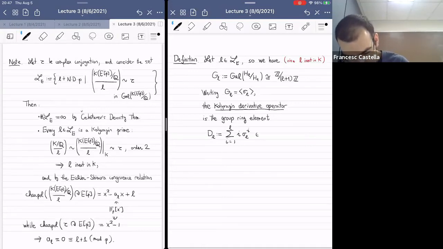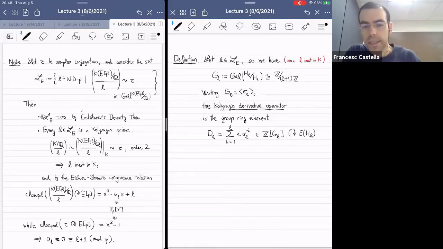So we view it as an element in this group ring with integer coefficients, which naturally acts on the group of points on E defined over H_L. Certainly G_L does, and because it's an abelian group, Z also acts.